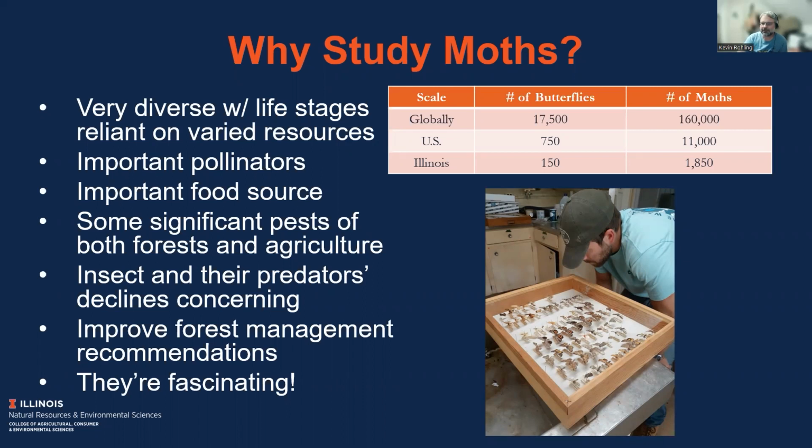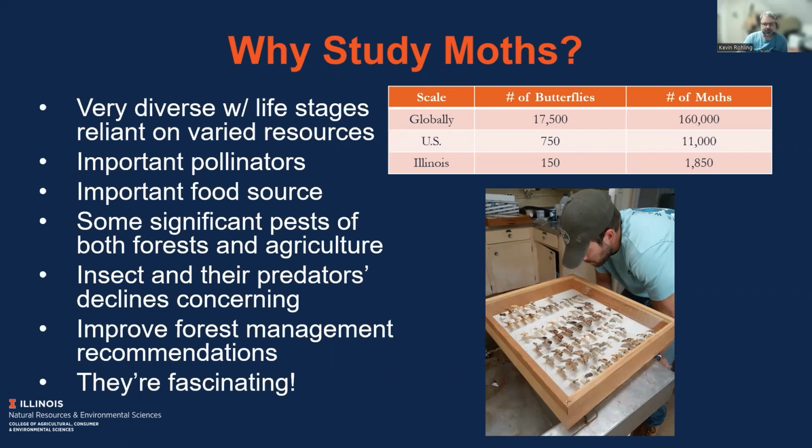In Illinois, there are approximately 150 butterflies, whereas there are 1,850 different moths. And so on up the line, globally, you have 17,500 butterflies and 160,000 moths. So they're incredibly diverse and they use a wide range of resources, so they can be good indicators of what can be happening on the landscape in general.